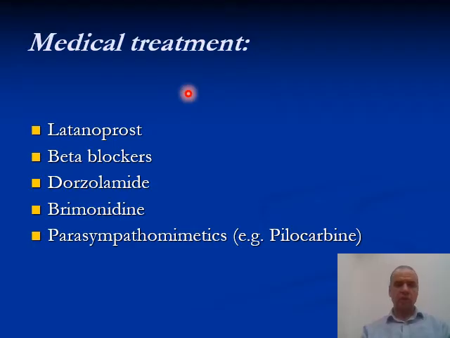Firstly, we start with medical treatment, and the first choice is prostaglandin agonists, including many drops like latanoprost, bimatoprost, tafloprost, many types of drops. These drops are expensive, while the last choice is parasympathomimetic drugs, for example, pilocarpine.